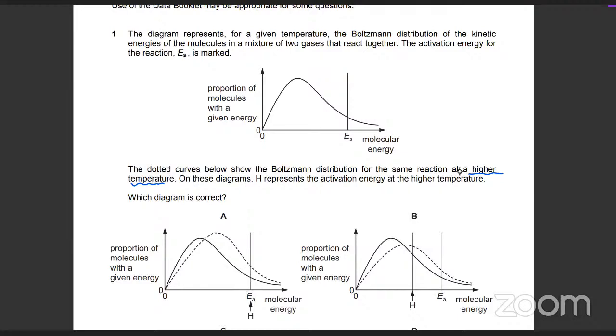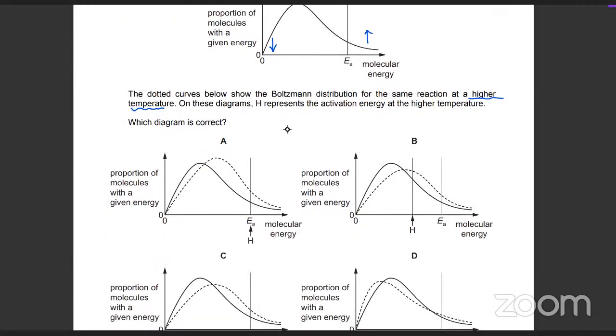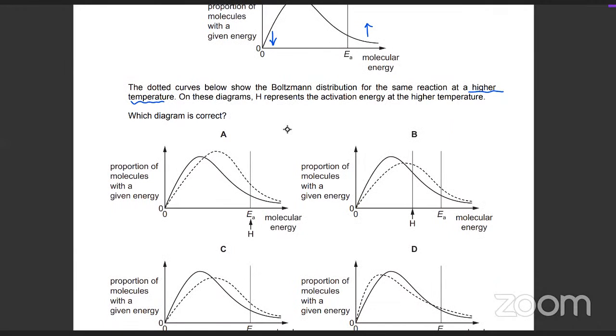The height is the number of particles. At the higher temperature, the number of particles at higher energy would increase, and at the lower energy, the number of particles will decrease. So the curve is going to shift to the right, which would make it option C.